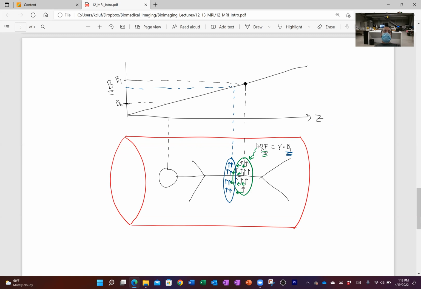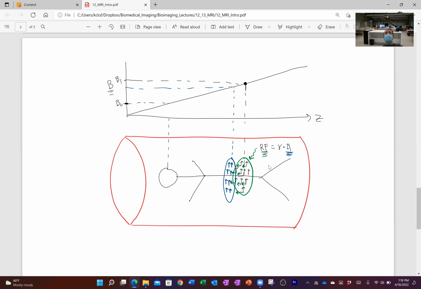And if we inject an RF pulse at a specific frequency, okay, it'll cause it to resonate. If that frequency matches the frequency of precession, it'll resonate and cause these magnetic moments to tip on their side, okay, and absorb that energy. And if we let it go and turn off the pulse, they'll snap back and try to realign with the external B field and release some of that RF energy, okay?